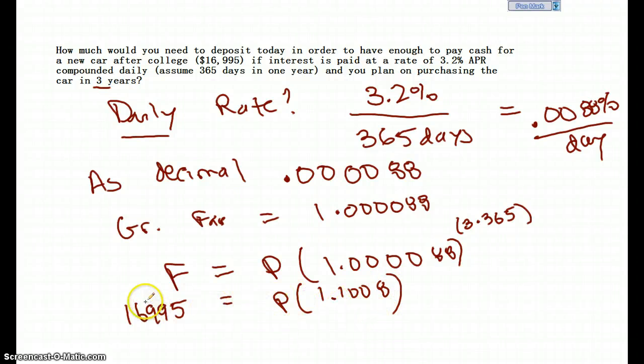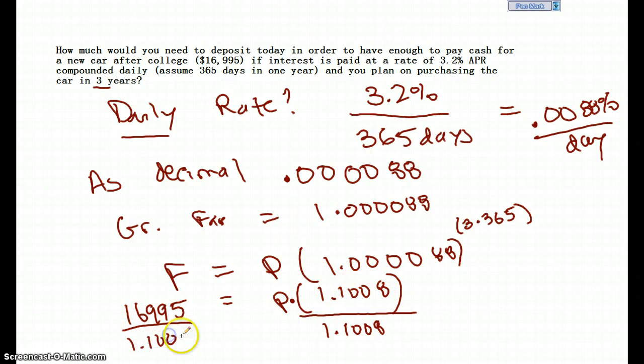And I know that my future value will be my present value times this amount. So to figure out what this amount should be, I'm going to divide both sides. Now it looks complicated, right? Because all the way up until here you had exponents and all that jazz, but now all we have is multiplication.